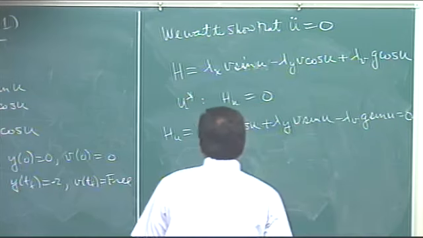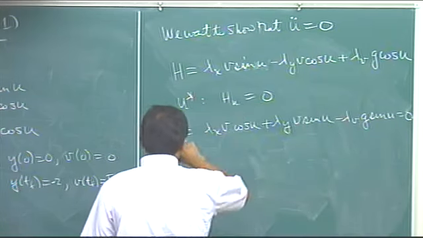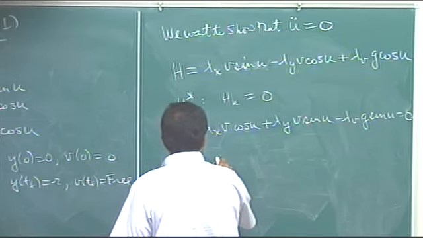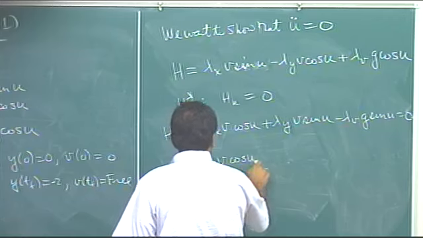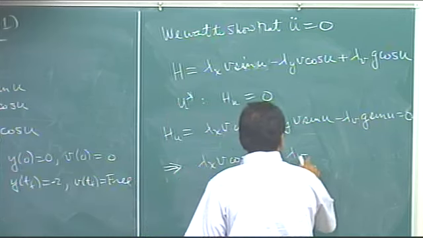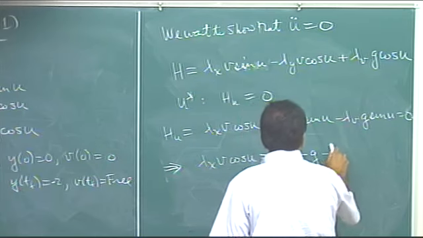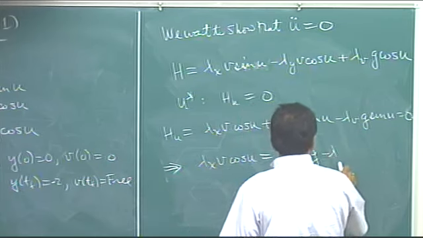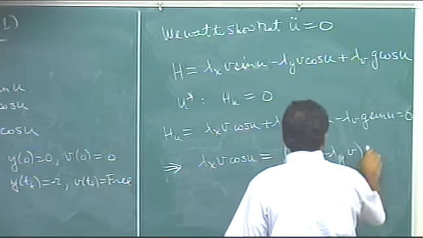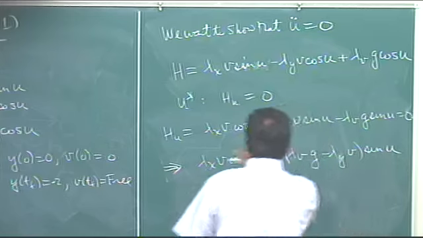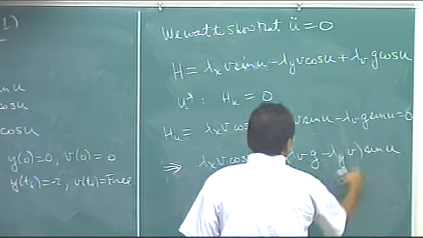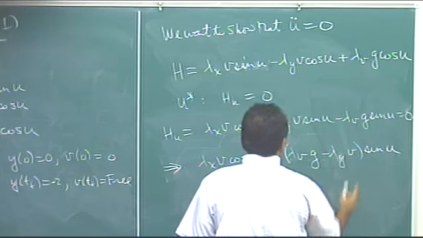If you gather terms here, gathering all the cosine terms and the sine terms, I get lambda x v cosine u is equal to the quantity lambda v g minus lambda y v, times the sine of u.